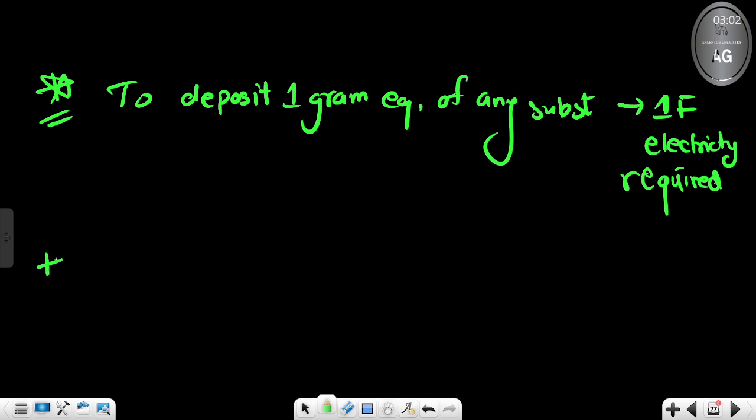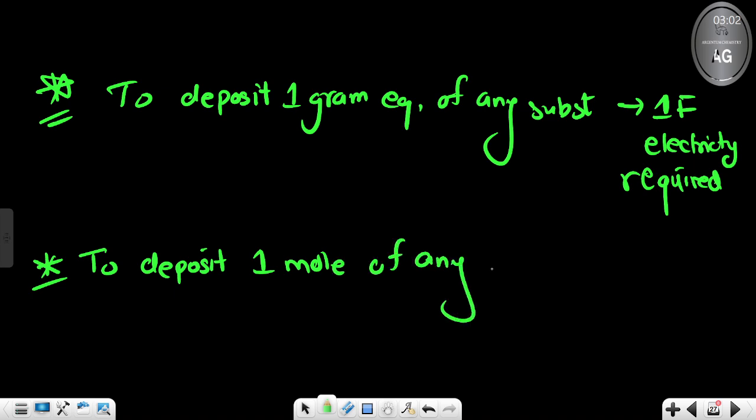Done. Similarly, the second part: to deposit 1 mole of any substance, NF coulomb of electricity is required.